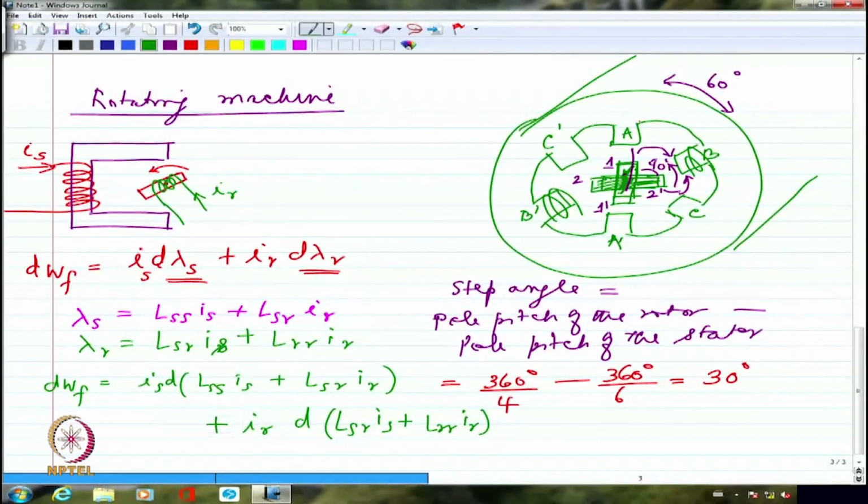So I can write this as LSS Is d Is, and then LSR, where I have Is dIr and Ir dIs. So I should be able to write this as d of (Is Ir), the u dv rule: u dv plus v du. That's all we are doing. And one more term that I am going to have is LRR multiplied by Ir dIr.